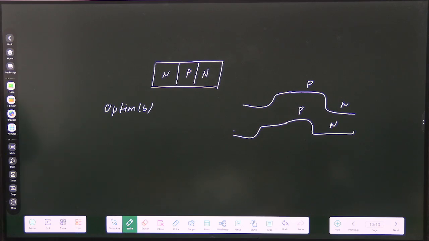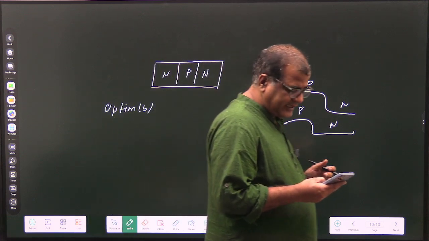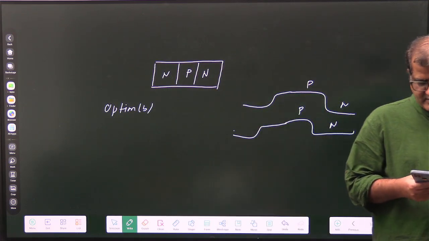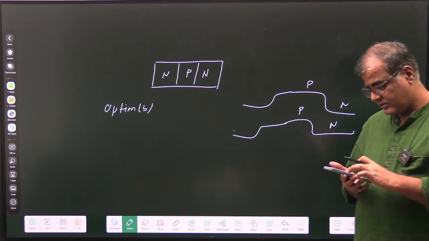Next question says to operate an NPN transistor in active region, emitter base and collector base junction respectively should be. Emitter base junction क्या होना चाहिए? And collector base junction reverse bias. So option A.